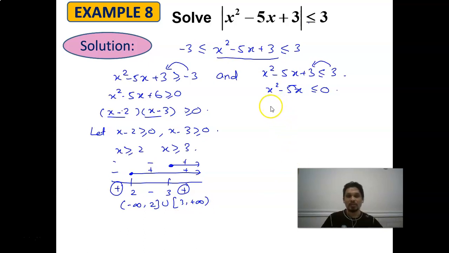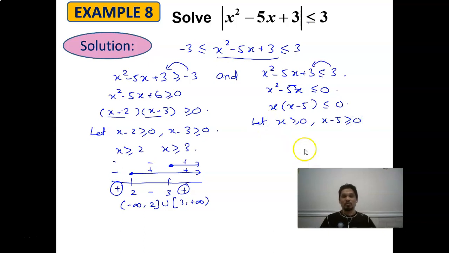Now for this one, factorize: x times x squared, x times -5, gives x squared minus 5x, which is less than or equal to 0. So let x greater than or equal to 0 and x - 5 greater than or equal to 0.